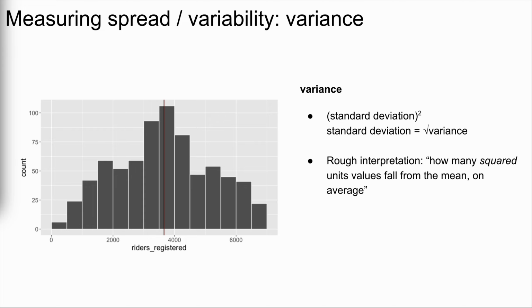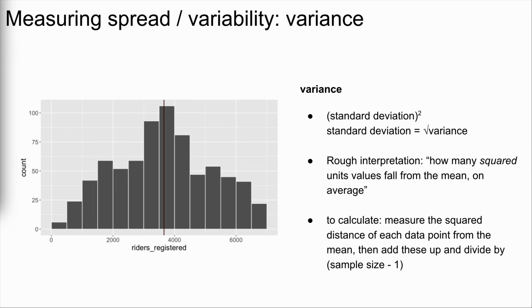To calculate the variance, we measure the squared distance of each data point from the mean. Then we add up these squared distances and we divide that total by the sample size minus 1. The fact that we're dividing by sample size minus 1 instead of just the sample size means that we're technically not averaging the squared distances from the mean, but we're doing something very close to that.